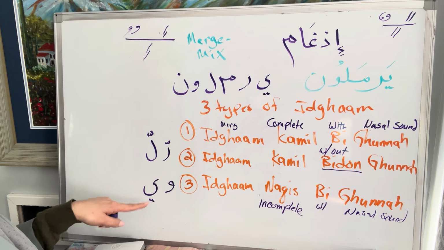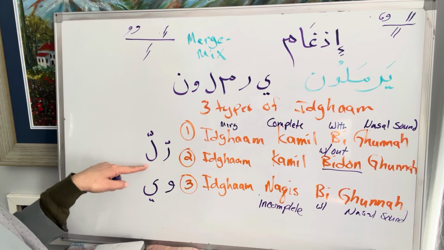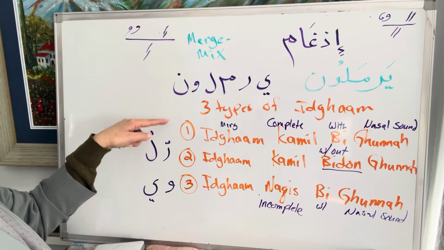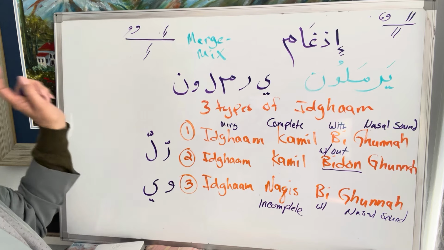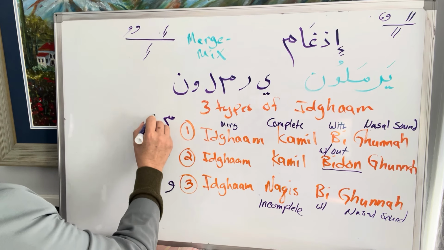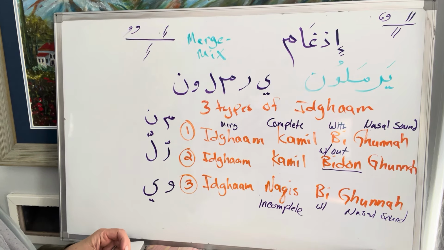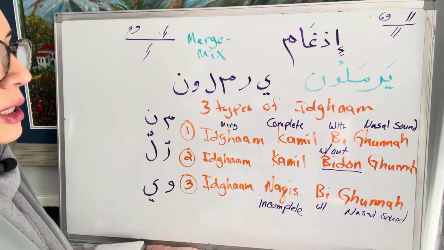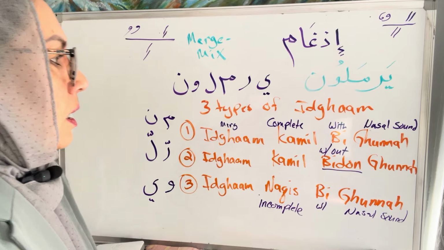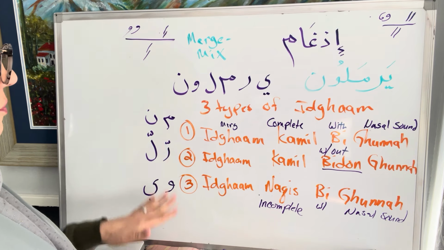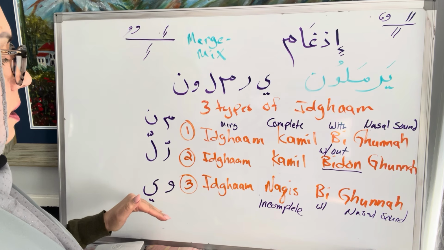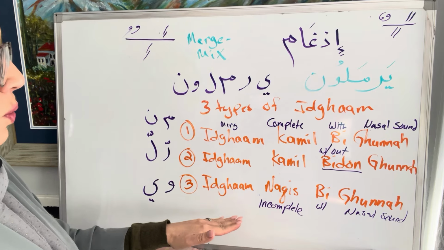So now we have the waw and ya, ra and lam. And then we've got left here the mim and the noon, which is going to be complete. Okay, so now we have categorized the letters, which one goes with what rule.